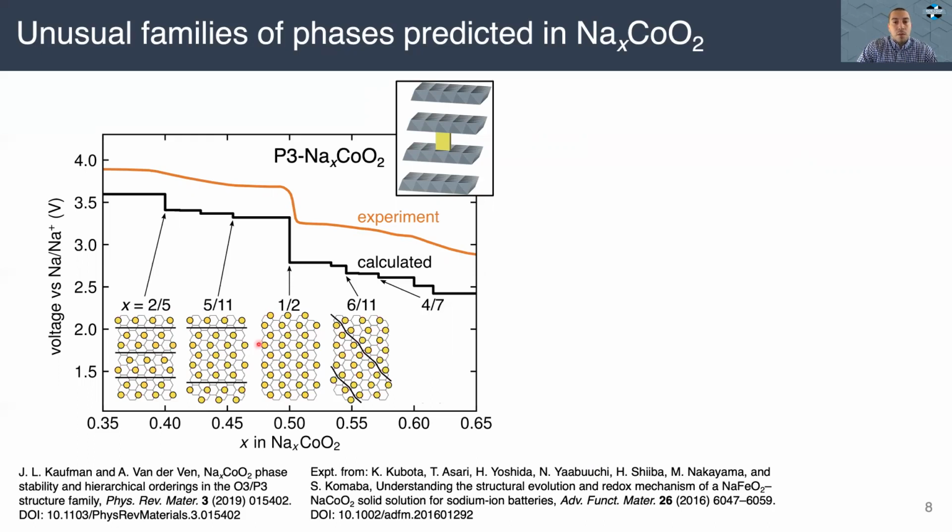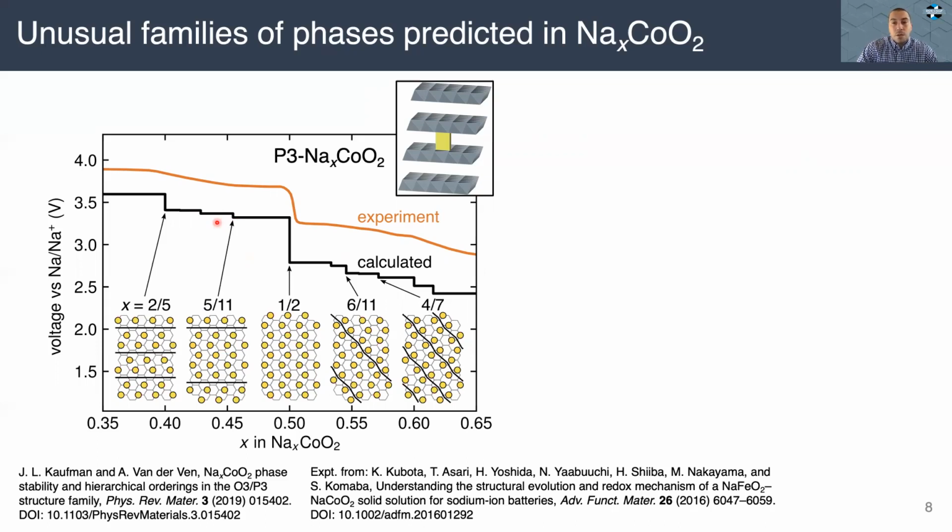Similarly, at compositions above 1/2, I found that there's a different kind of boundary that introduces additional sodium between regions of this 1/2 ordering. And then as the composition increases further, the density of these boundaries increases further. So in both cases, there's essentially a continuum of orderings with varying composition, with varying densities of antiphase boundaries.